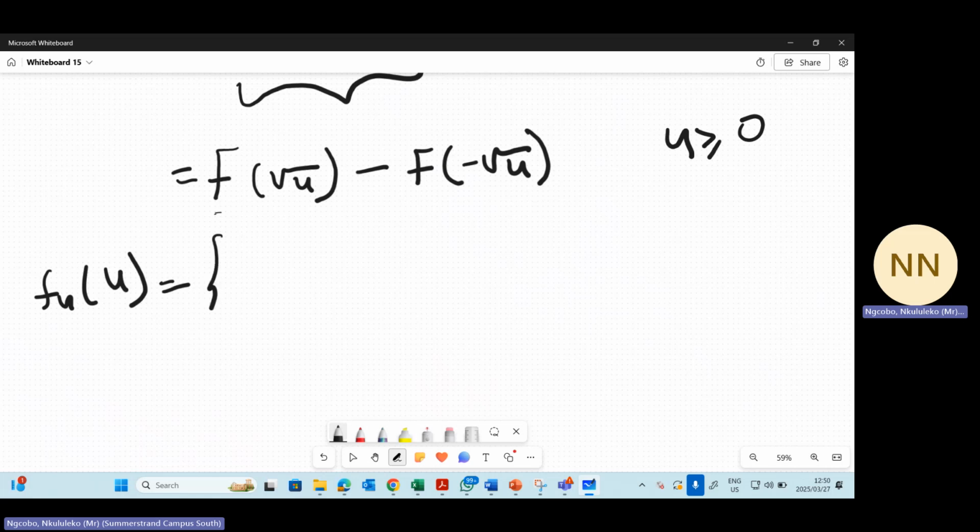So to do that, I use product rule, which will then give me partial derivatives.